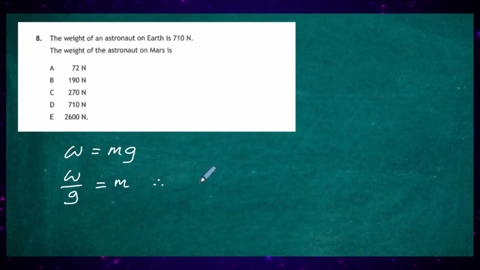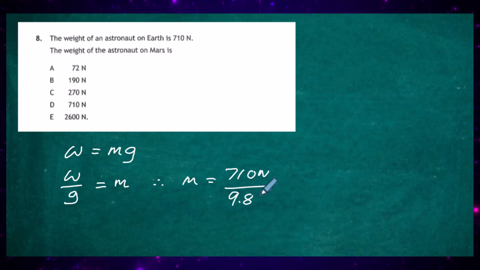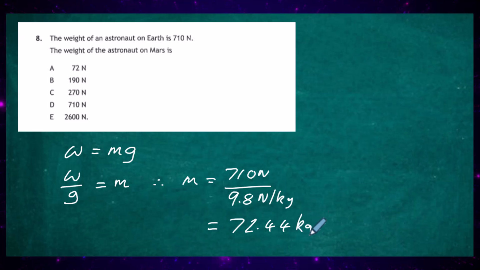And therefore we know that the mass is going to be equal to the weight, 710 newtons, divided by the gravitational field strength of the Earth, which is 9.8 newtons per kilogram. So we've got the mass of the astronaut. He comes out to be 72.44, and we'll keep that figure at the moment, kilograms.